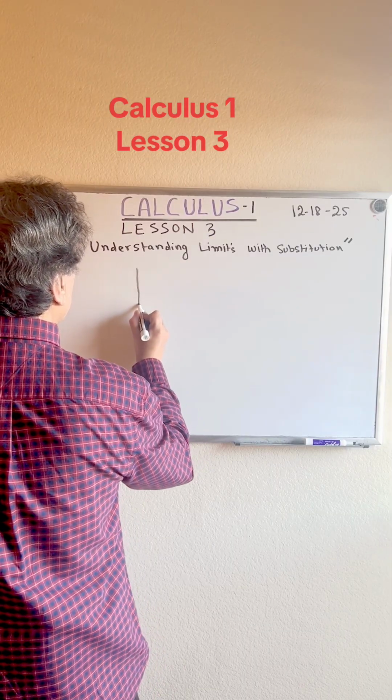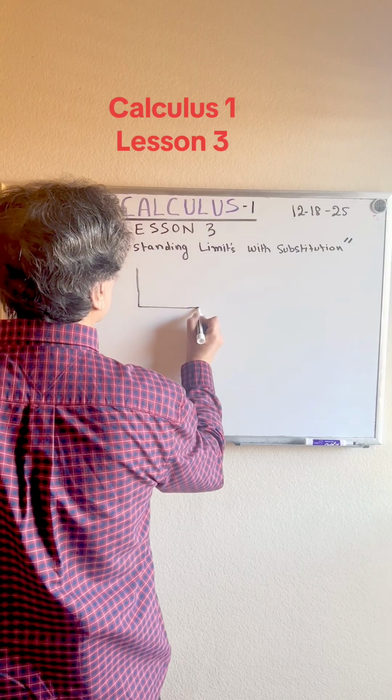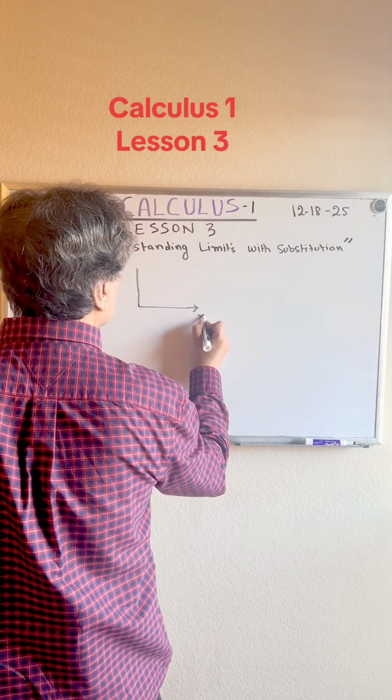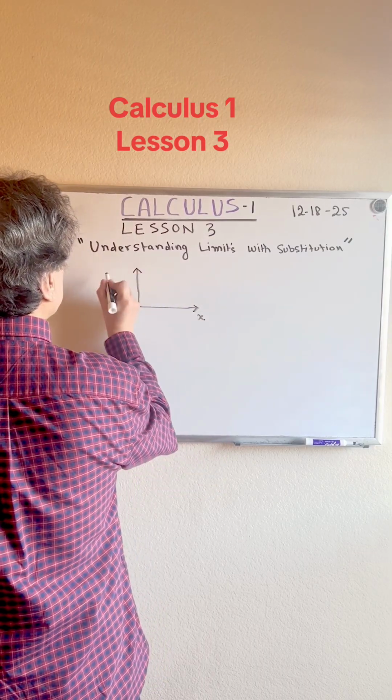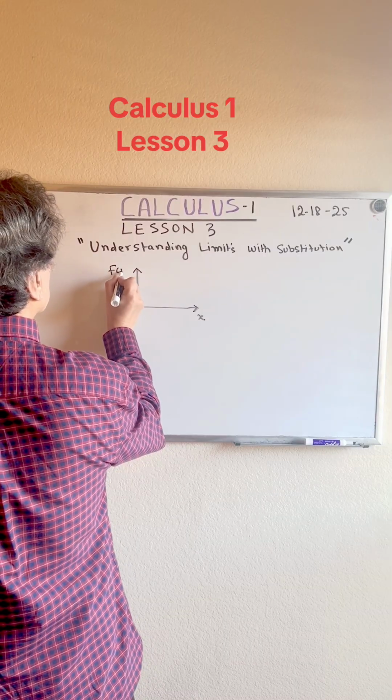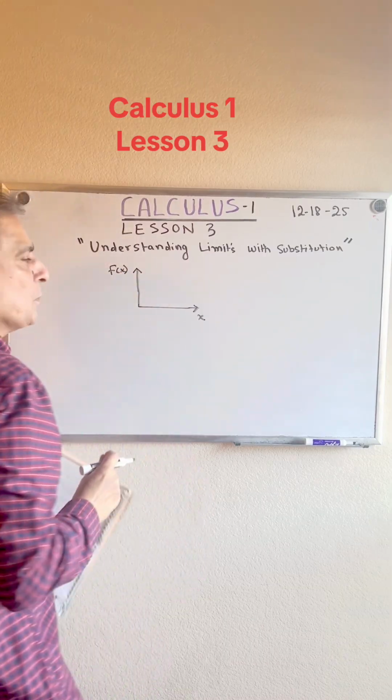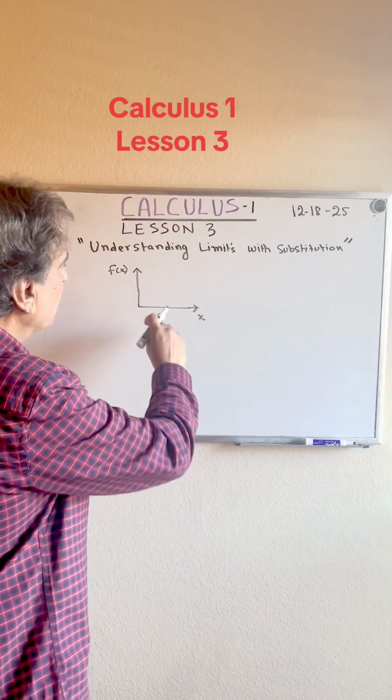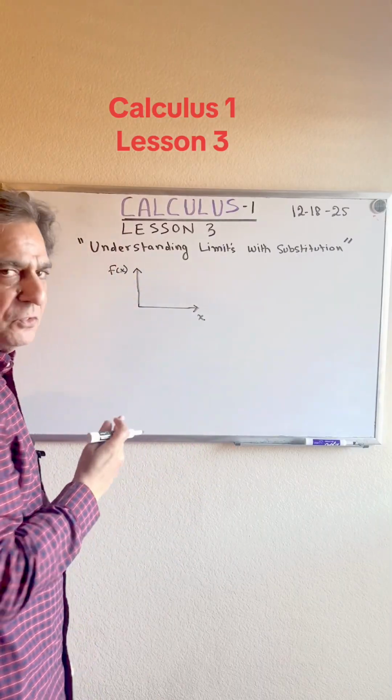So we have something like this, right? This is x, okay? And this right here is function of x, okay? Now, in traditional algebra, this is always the x-axis and this is the y-axis.